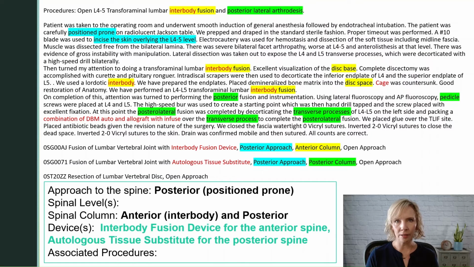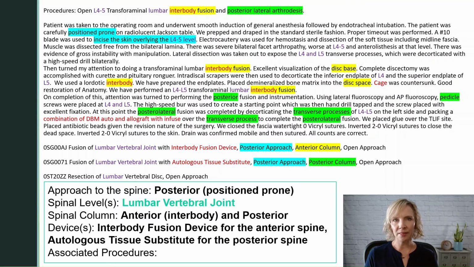For the posterior spine fusion, the op report indicates that the fusion was carried out by packing a combination of DBM, auto, and allograft combined with Infuse over the transverse process. According to PCS guidelines, when a mixture of autologous or non-autologous bone graft with or without biologic or synthetic extenders or binders is used to immobilize the joint, the procedure should be coded with the device value autologous tissue substitute.